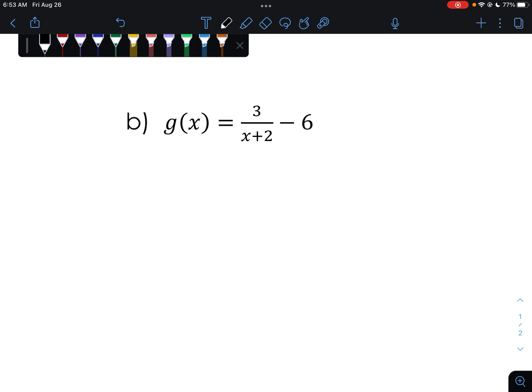We have g of x equals 3 over x plus 2 minus 6. So first thing we do is rewrite this with y equals. Step 2, we switch our x and our y.